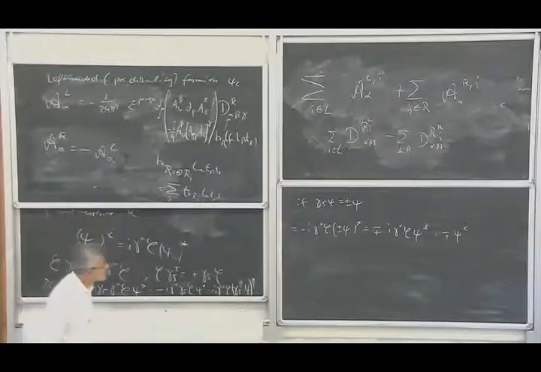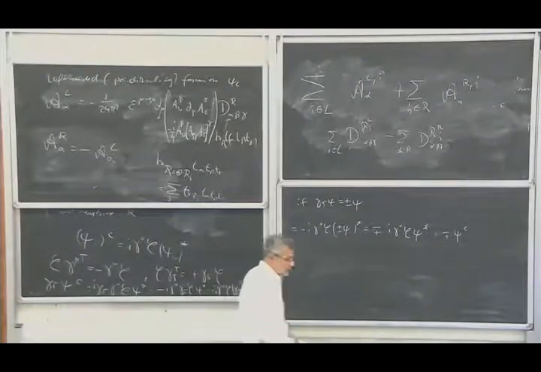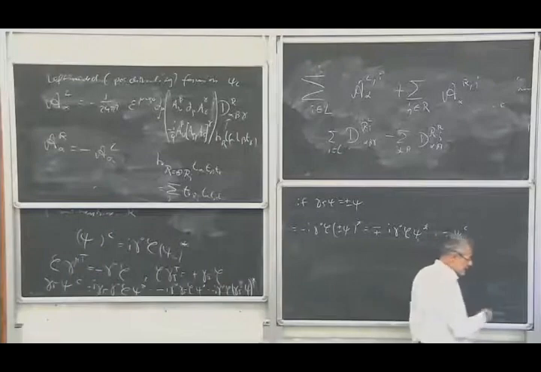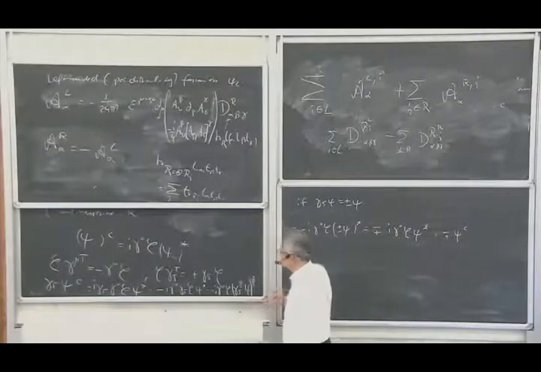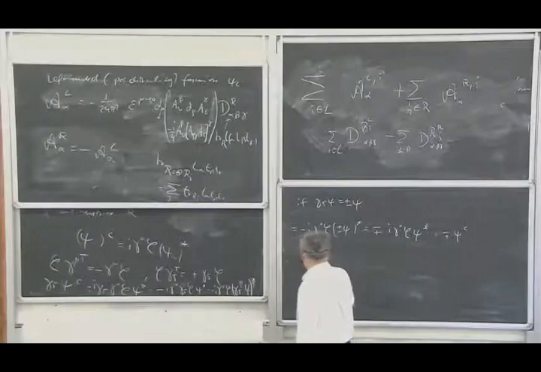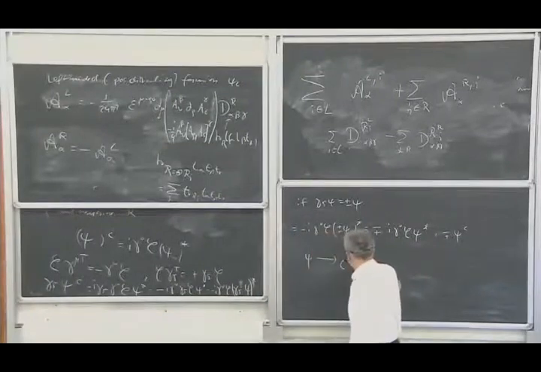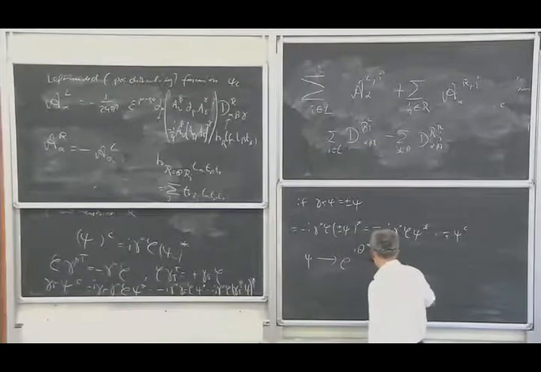But what about the representation of the gauge group under which it transforms? Well, if my neutrino, my particle, transforms in some representation R, that means that psi under gauge transformation goes to e to the i theta alpha T alpha psi.